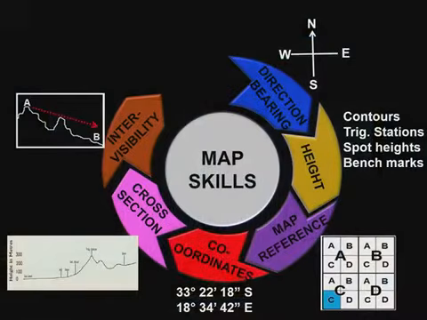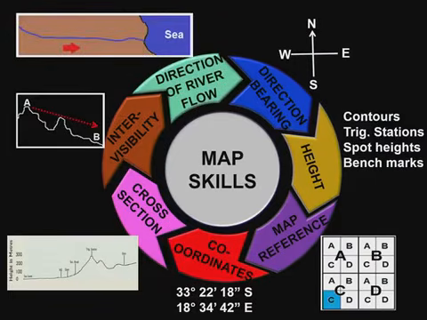Intervisibility. Can you see one, for instance, they give you 2 points, point A and B. Is the point visible from another one? And then direction of river flow. You know, we couldn't believe that so many matrics couldn't determine in which way a river flowed in the end of last year's exam. Please, people, remember these things.